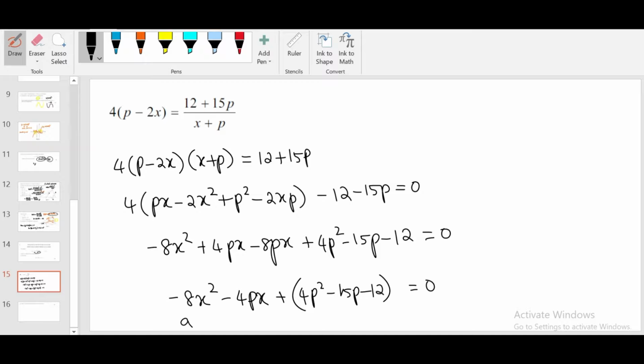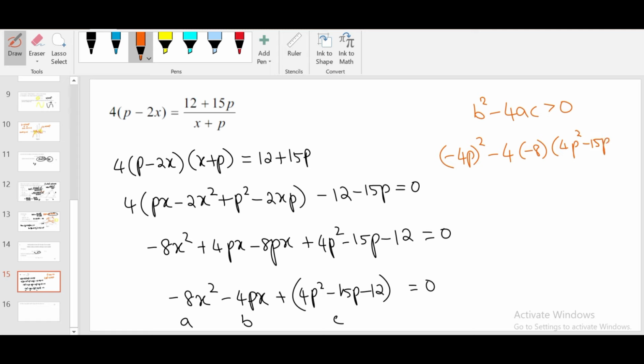This is A, this is B, this is C. Our condition is b square minus 4ac is greater than 0. B square is minus 4p whole square, minus 4ac, 4p square minus 15p minus 12 is greater than 0.